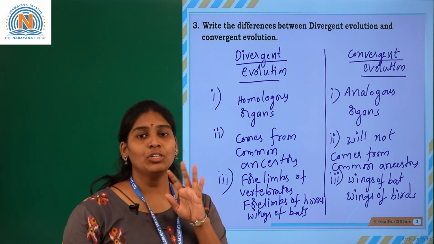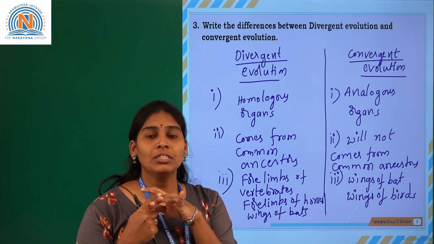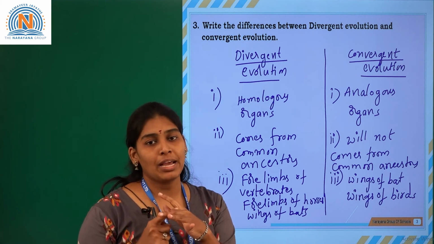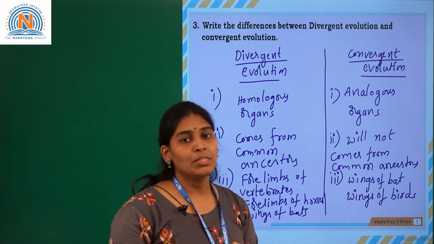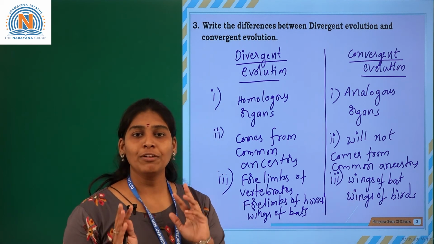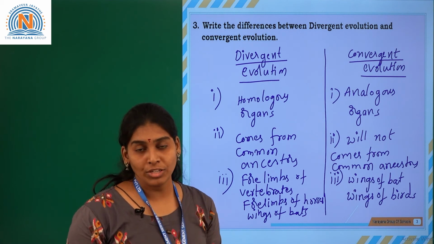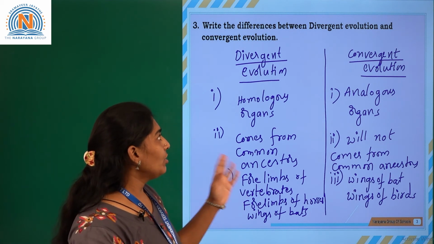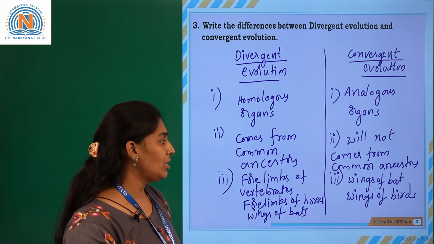Bat wings have patagium, skin folds, whereas this is absent in birds. Both wings are useful for flying, similar in function, different in origin. So that is the difference between divergent evolution and convergent evolution.